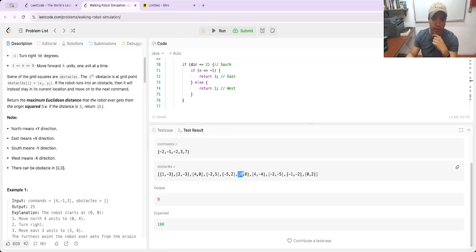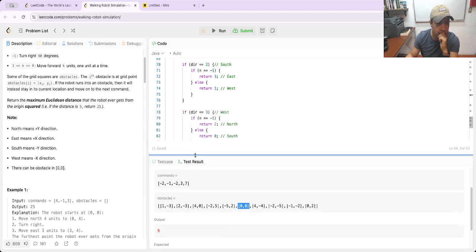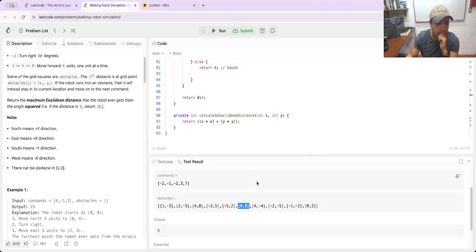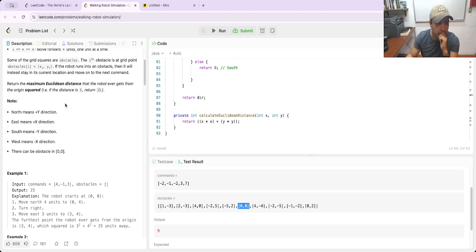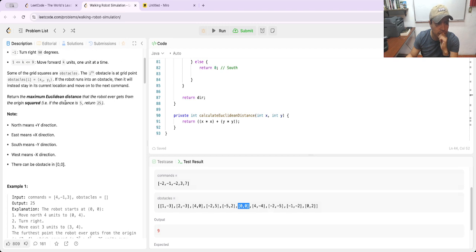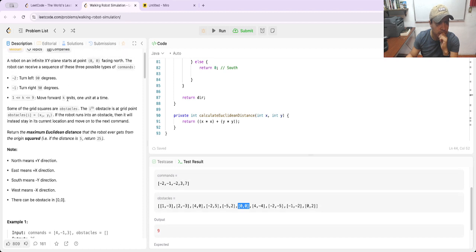Okay, it's not related, but here can be obstacle. Some of the grid obstacle over point where appear some grid obstacle.